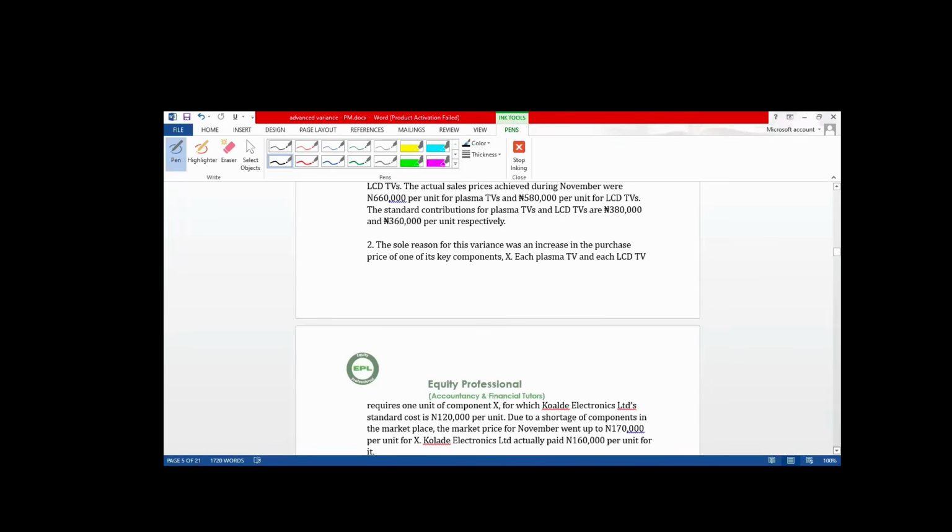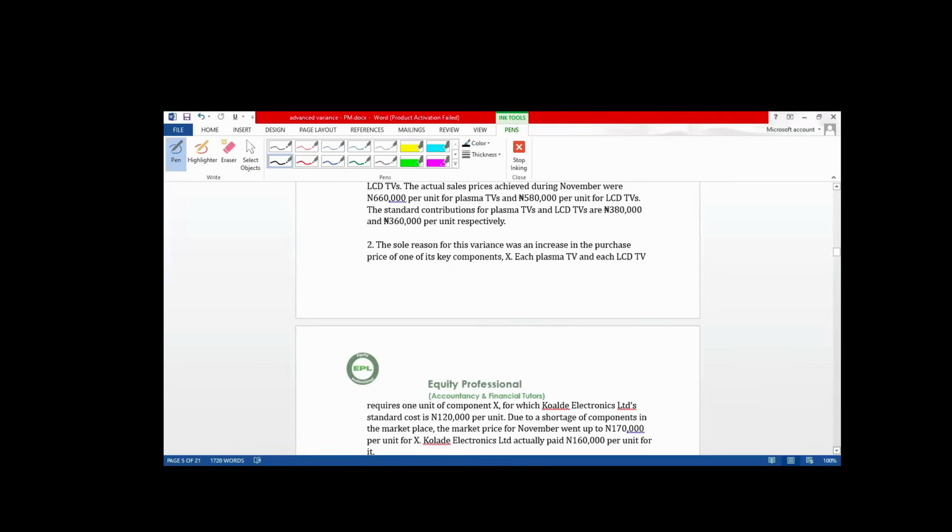Each plasma TV and each LCD TV requires 1 unit of component X, for which Colade Electronics Limited standard cost is 120,000 naira per unit. That is the original standard cost per unit for component X, 120 per unit.